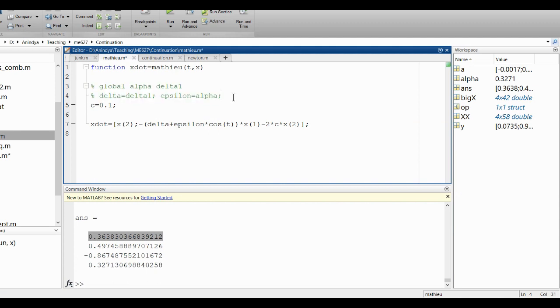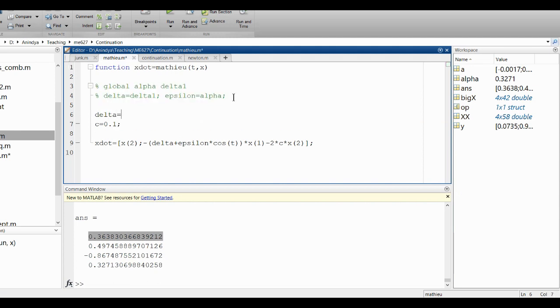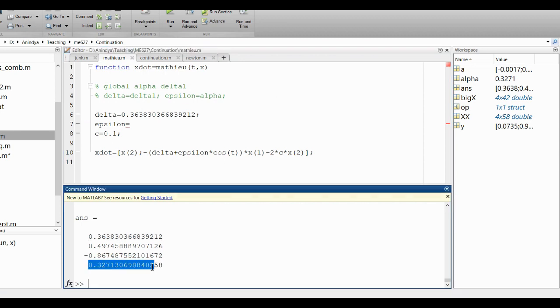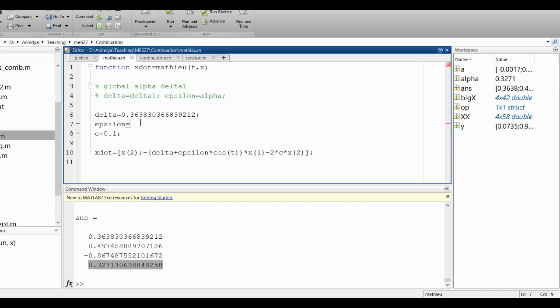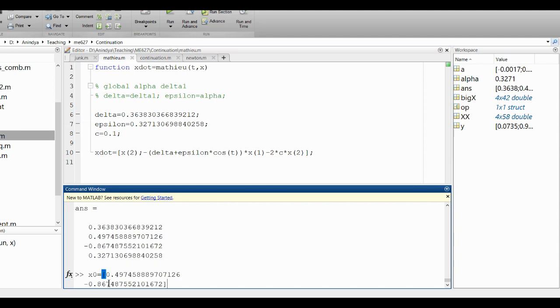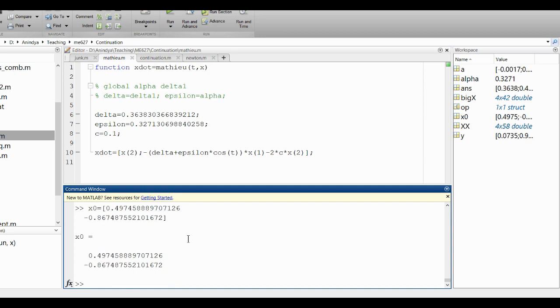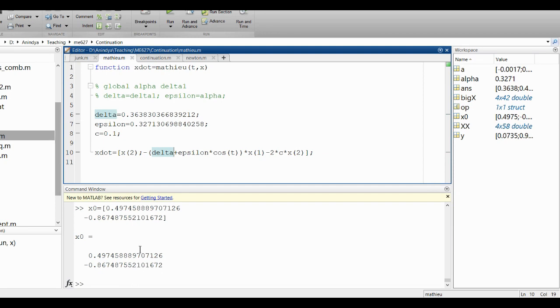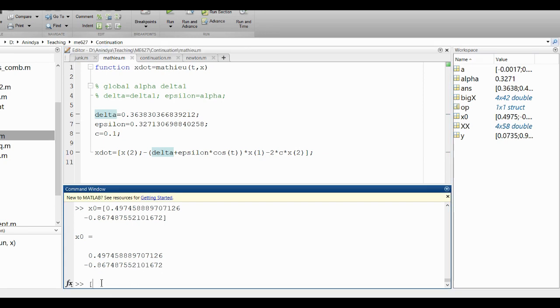Okay, so let me come here and say delta equals that, and epsilon equals that, and let me say x0 equals that. So that's my initial condition, and now this is just routine Mathieu equation with damping, right? No problem.